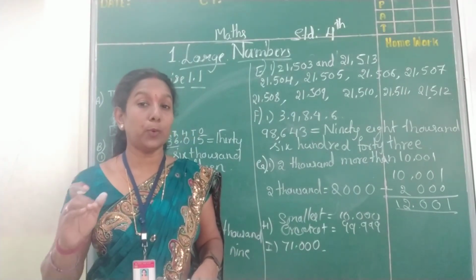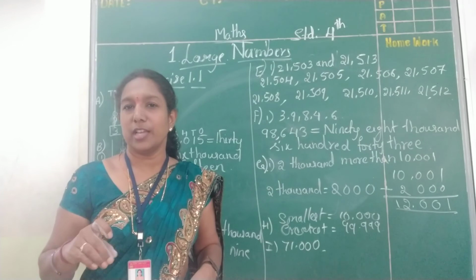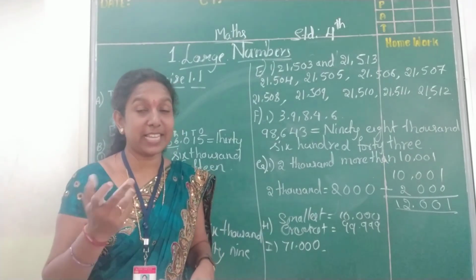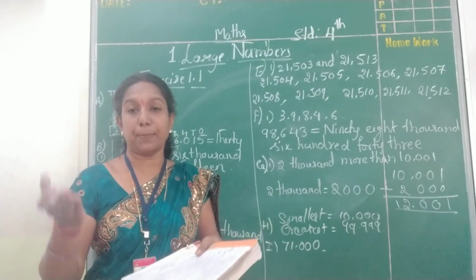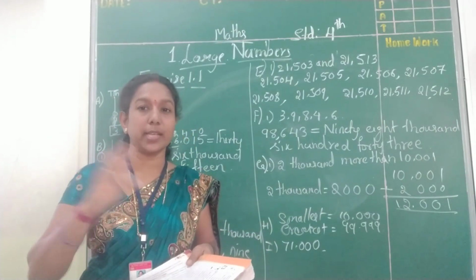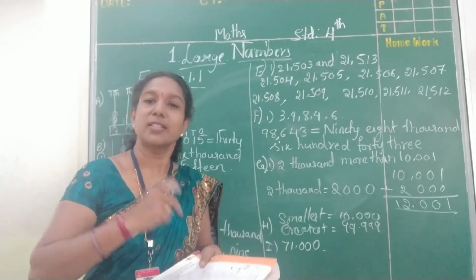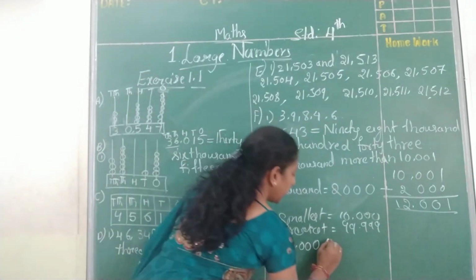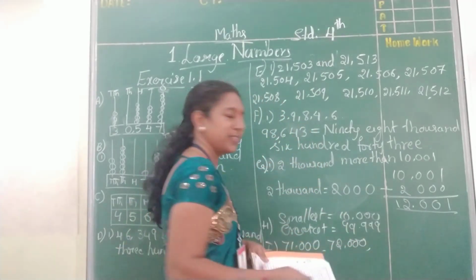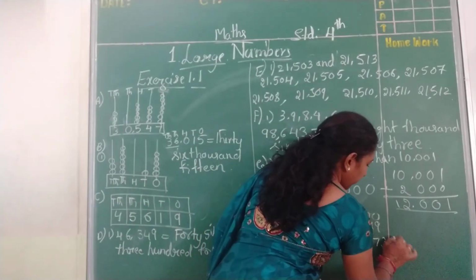You can do one more thing. If you count 1,000 rupee notes, what will happen if you add one more note to it? 71,000. Next, if you add one more 1,000 means 72,000. Adding one more note, 73,000.